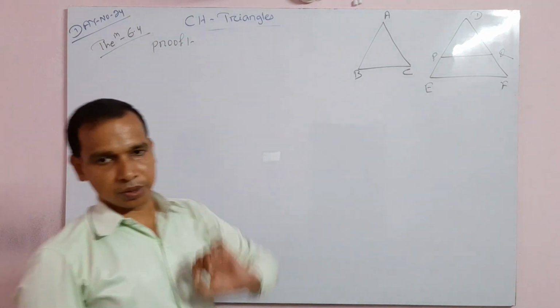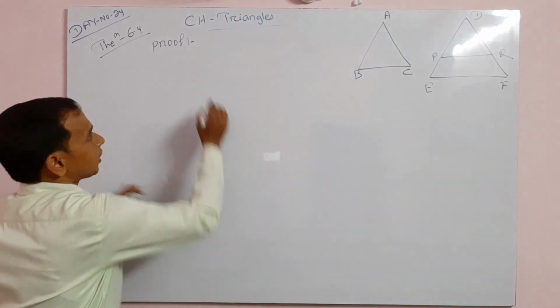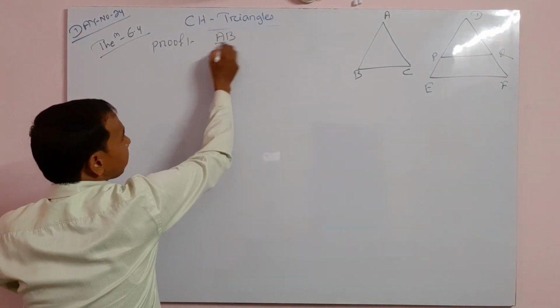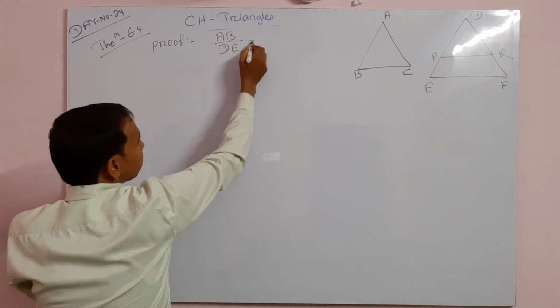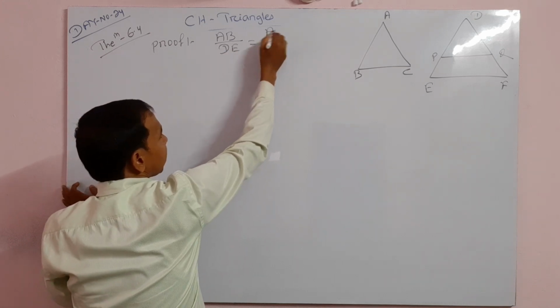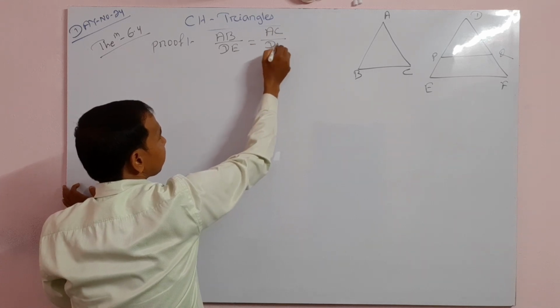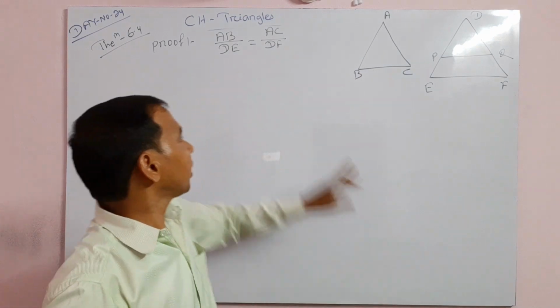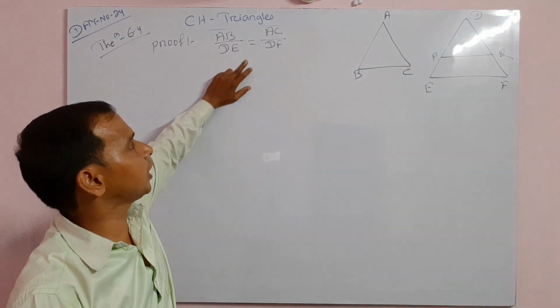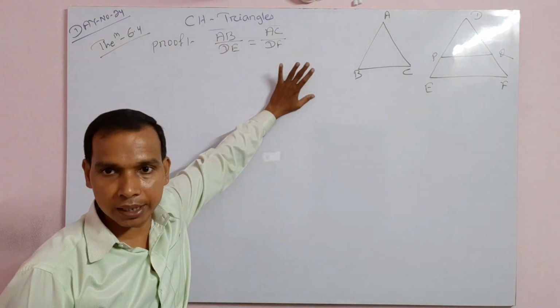Look, first option here. Given AB by DE is equal to AC by DF. There were three parts, we just take two parts here. From given we write AB by DE equal to AC by DF.